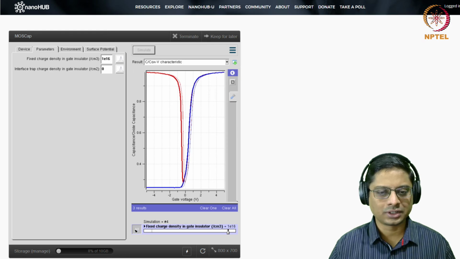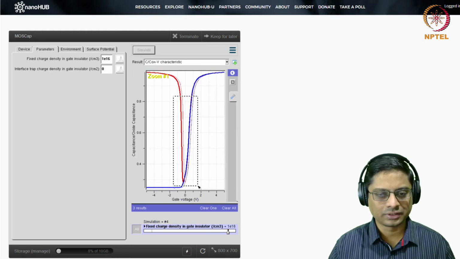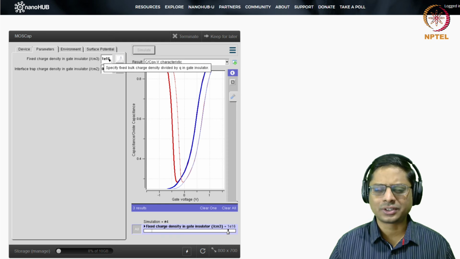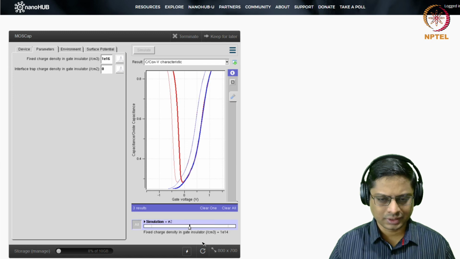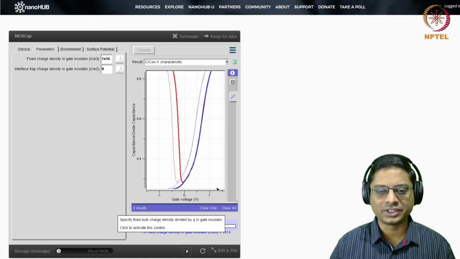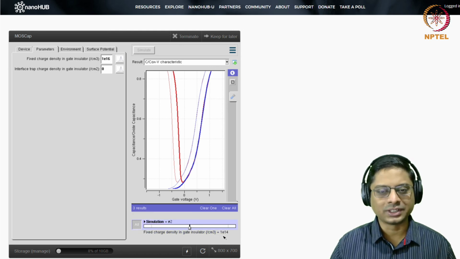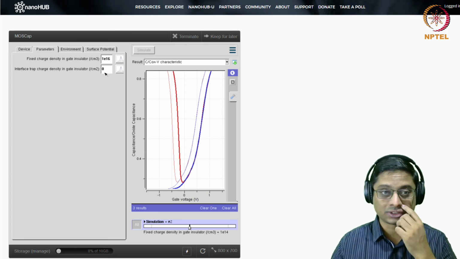Now you have a shift in the VT. You can zoom in here. Originally we had this CV, then we added 10 power 14. That was not enough. It didn't really change much. So initially there was no charge, then we added 10 power 14, and there's only a very small change. This is per centimeter cube. Okay, it's significant.